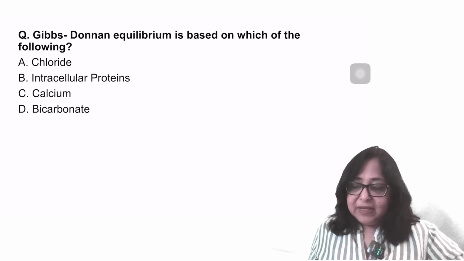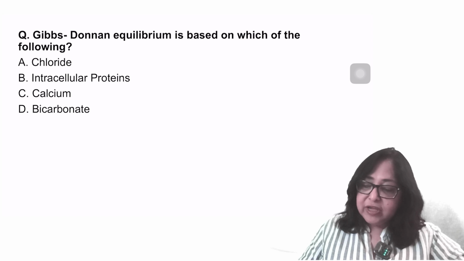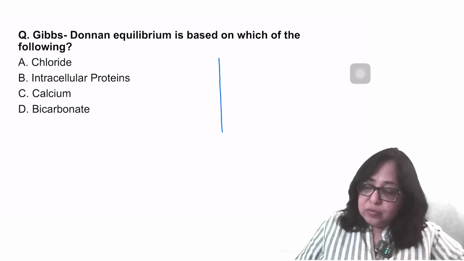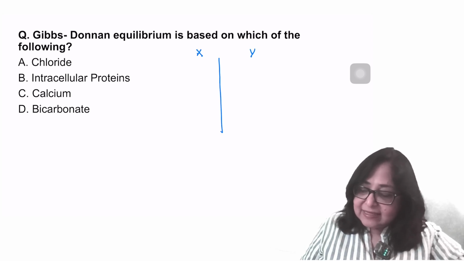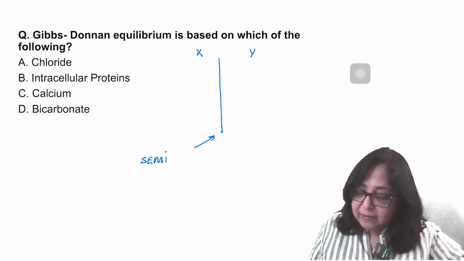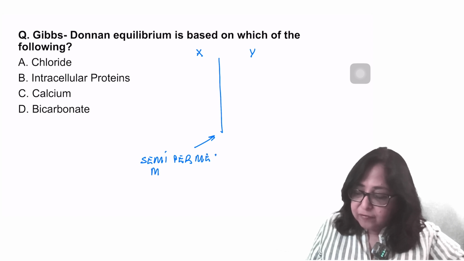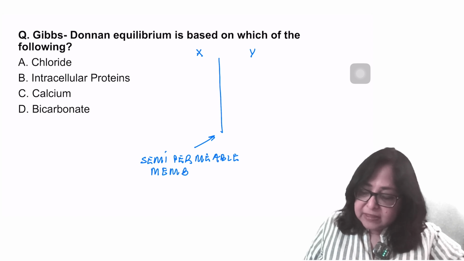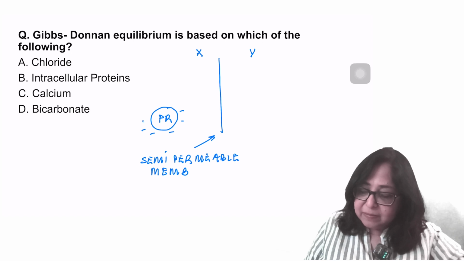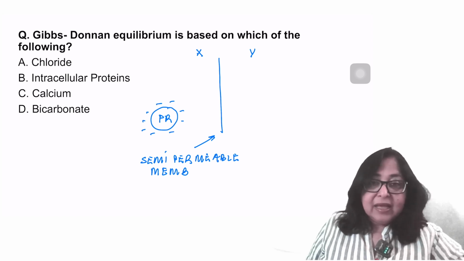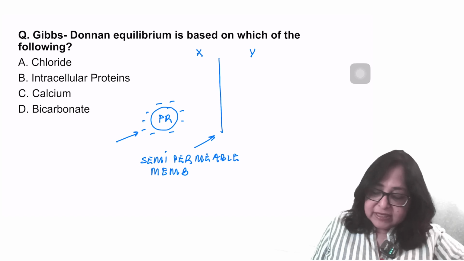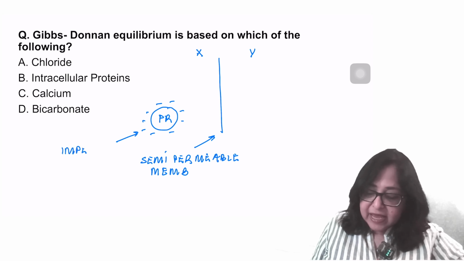Gibbs-Donnan equilibrium is based on which of the following? Now, for Gibbs-Donnan equilibrium, there are two compartments X and Y separated by a semi-permeable membrane, with the presence of impermeant anions on one side of the semi-permeable membrane. What are proteins? Proteins are your impermeant anions.